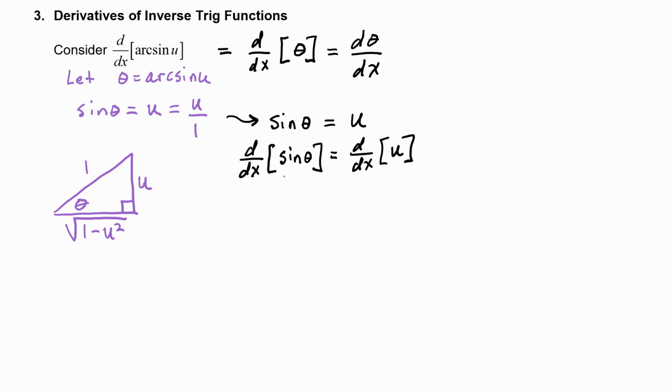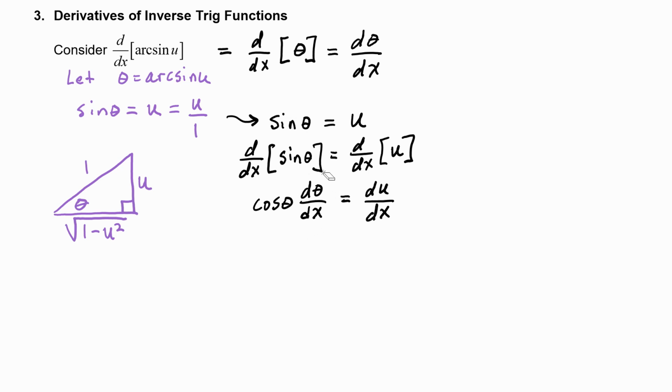Now the left-hand side, we know derivative of sine theta with respect to x would be cosine theta d theta dx. Remember implicit differentiation. When the variable doesn't match the variable in the denominator of your derivative, you have to tack on that chain rule part, d theta dx. Now on the right hand side, we just have du dx.